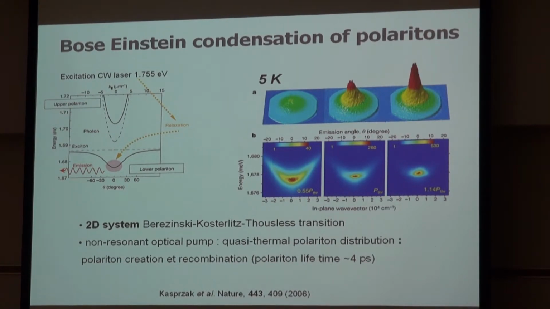It was shown later that they do get to some kind of equilibrium, enough at least to justify this paper on Bose-Einstein, or actually the BKT transition. It was observed in conditions where they didn't make a trap, but the polaritons are actually trapped by some defects around.